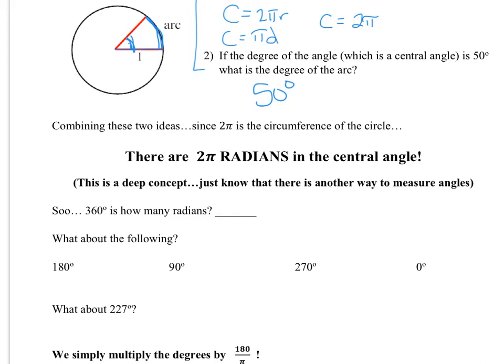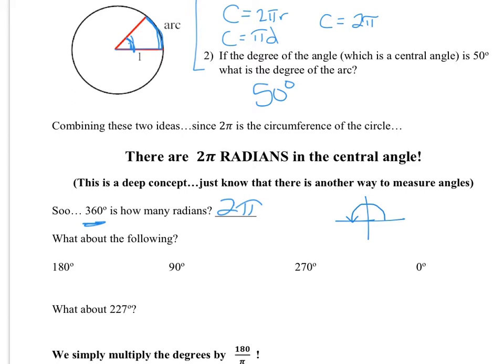With 360 degrees, how many is that in radians? Well, that's 2 pi. That's the full circumference, the full circle all the way around. If we cut it up, say we only want half, or 180 degrees, if you sketch 180 degrees, it would go halfway.